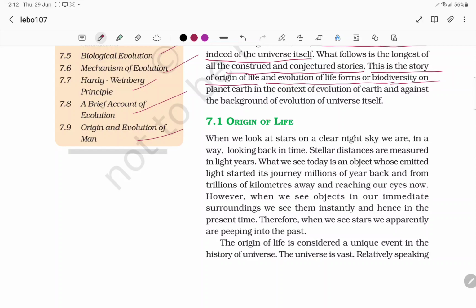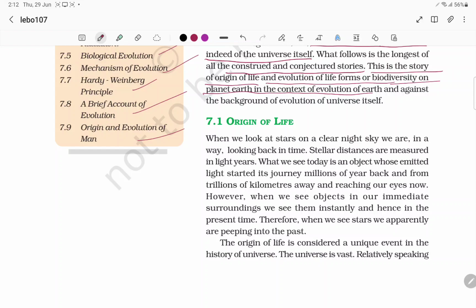Once life got evolved, you have different forms of life. You have cats, dogs, cows, humans, birds, fishes, amphibians. How did these things get evolved? Let's check. Planet Earth: in the context of evolution, even the Earth has evolved. Very early Earth did not have oxygen; later Earth had oxygen.